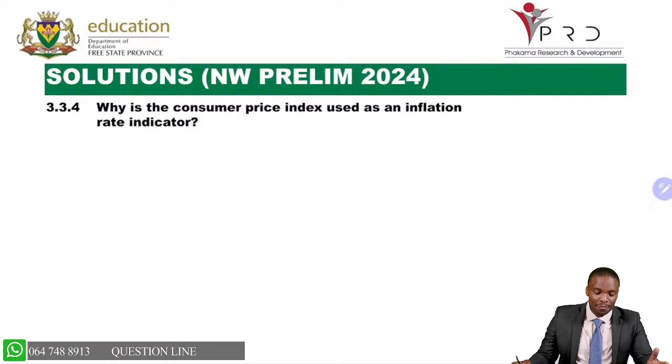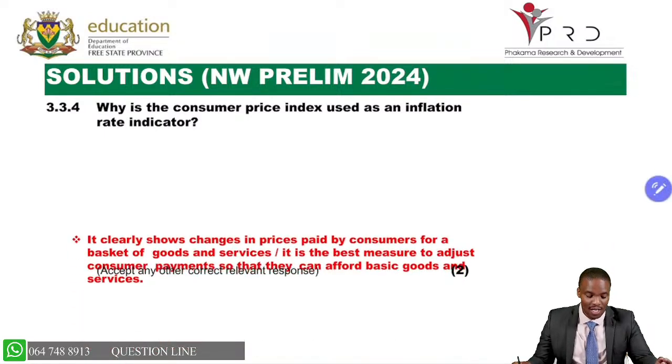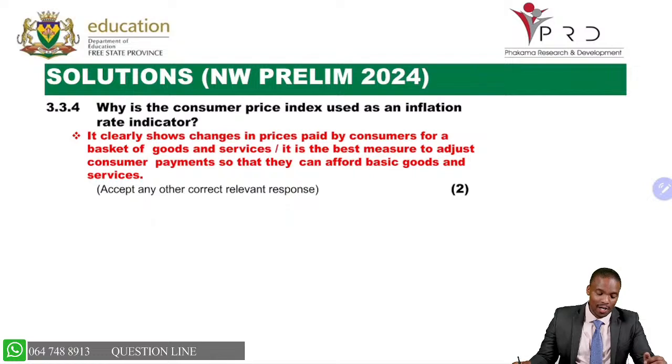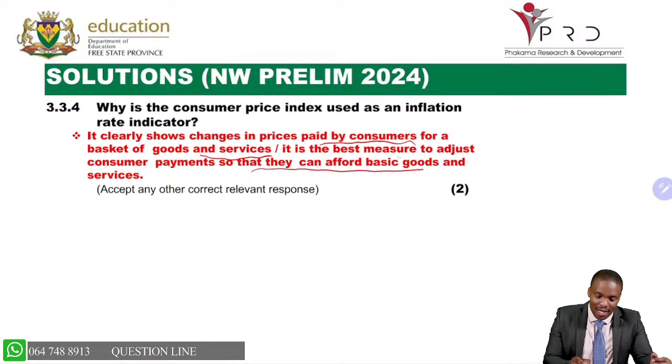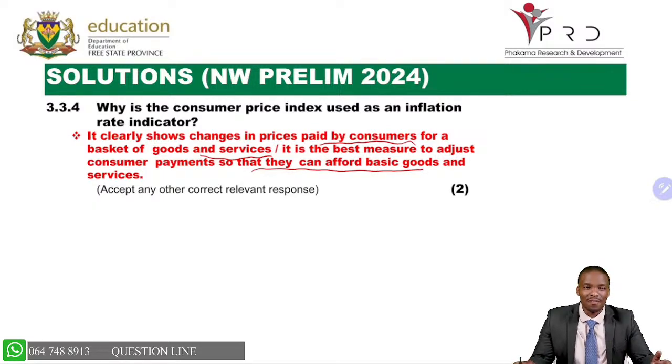When we look at number 4, why is the consumer price index used as an inflation indicator? Okay, it shows the changes in the prices paid by consumers for a basket of goods and services, full stop. Or it is the best measure to adjust consumer payments so that they can afford goods and services.